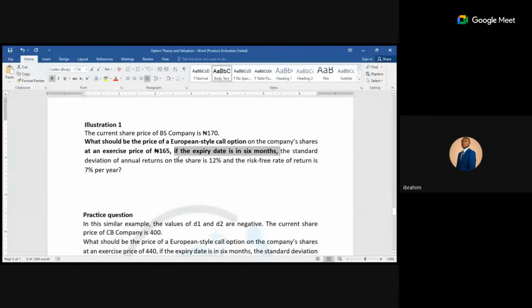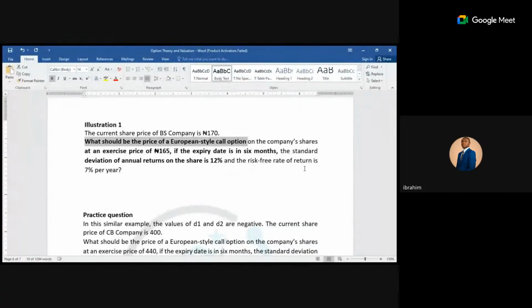The standard deviation is 12%, and the risk-free rate of return is 7%. The question says we should determine the European call option, which means we have to use Black-Scholes.